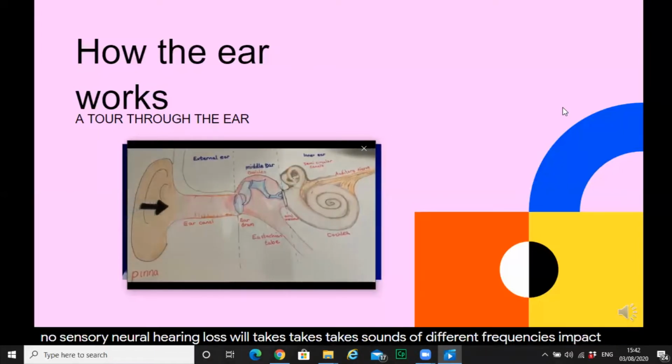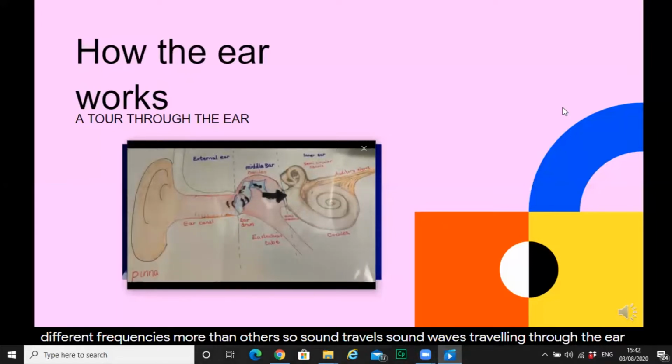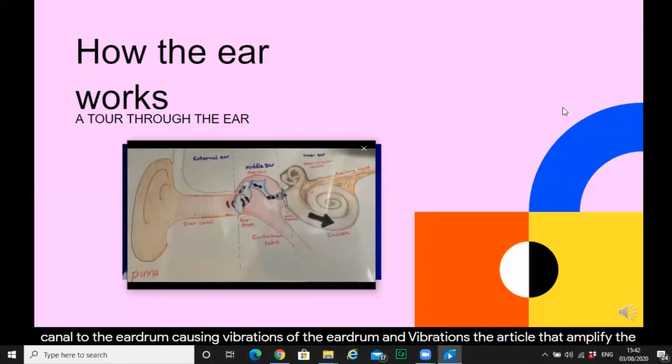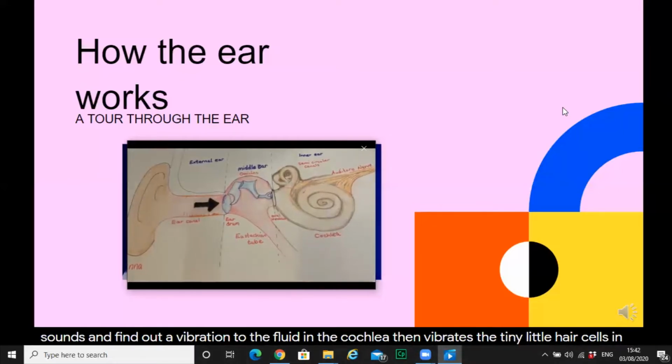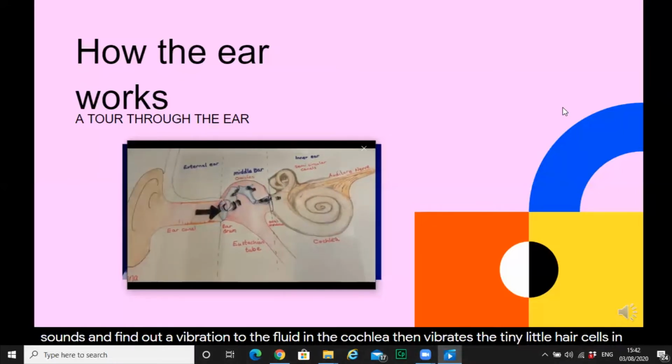So sound waves travel in through the ear canal to the eardrum, causing vibrations of the eardrum and vibrations of the ossicles that amplify the sounds, amplifying that vibration to the fluid in the cochlea, which then vibrates the tiny little hair cells in the cochlea, stimulating the auditory nerve.